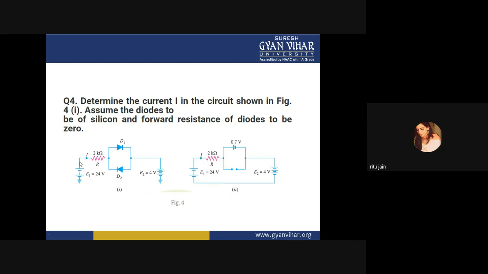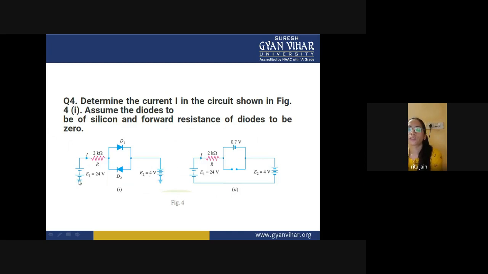The circuit is given that E1 is equal to 24 volt, and the current flowing through the 2 kilo ohm resistance is I. There are two diodes connected, one is D1 and another is D2, connected to each other in anti-parallel, and the battery over here is 4 volt.